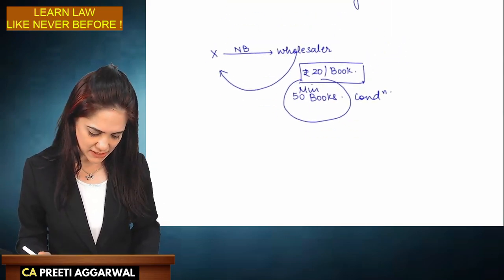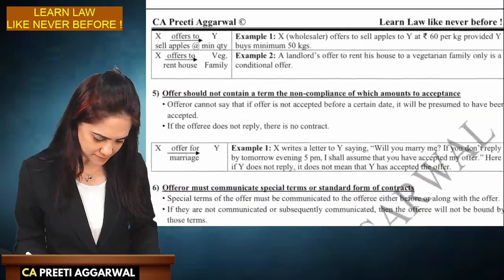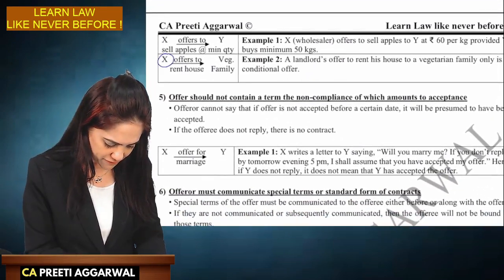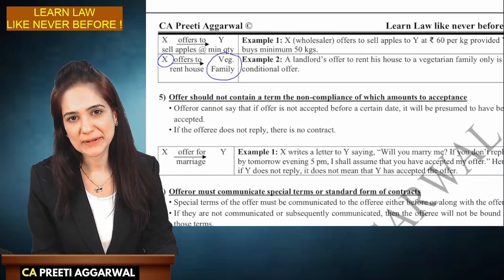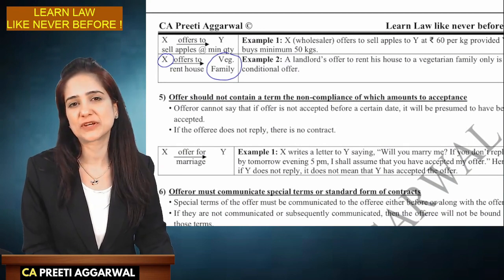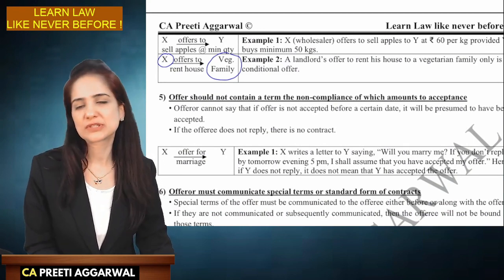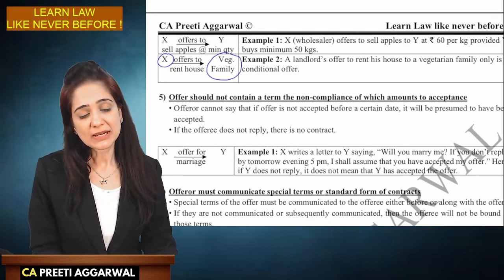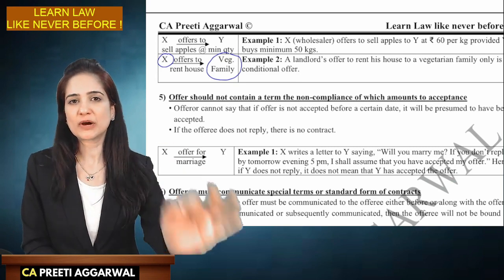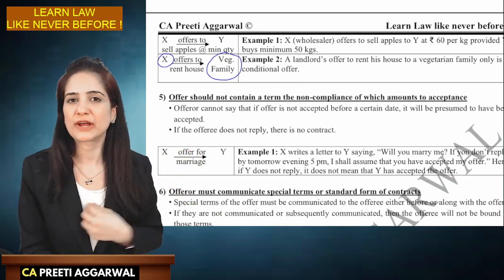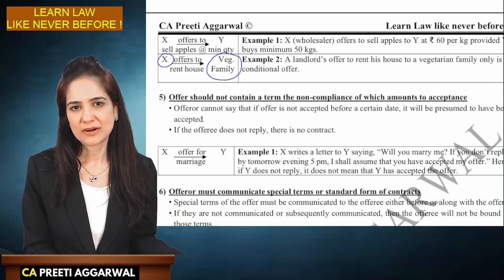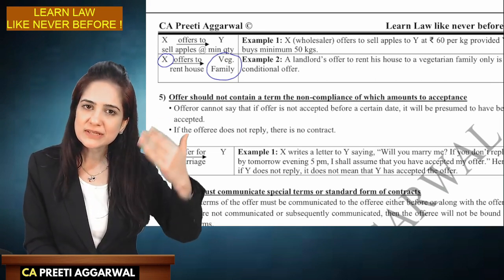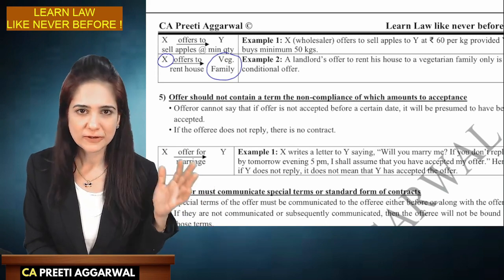Let us discuss it with one more example. X offers to rent a house to a vegetarian family. Now, this is a very common restriction or condition imposed in real estate, that I will sell the house only if you are a vegetarian, or I will give my house on rent to you only if you are a vegetarian. Now, see, there is a condition, but you have to communicate this along with the offer.